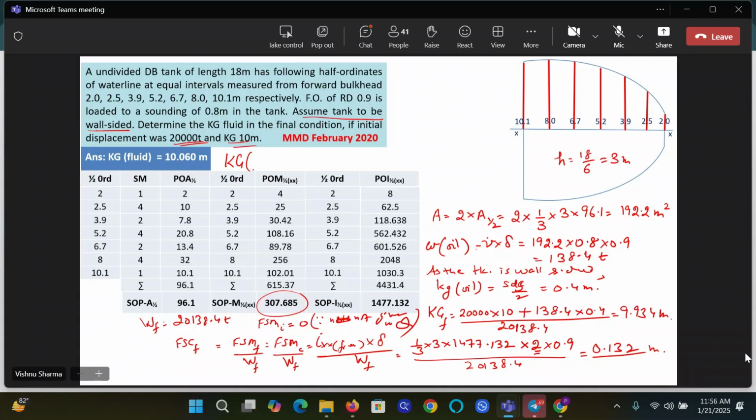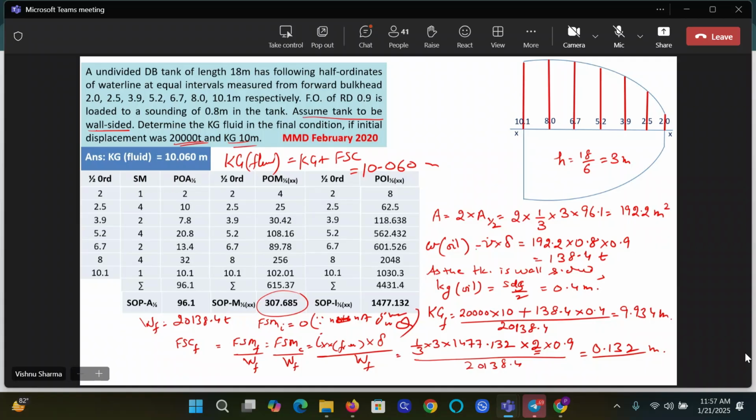And now you will try it here. Kg fluid, final condition, will be equal to kg plus FSC. Add them and you will get this answer of 10.060 meters. Yes, sir. Correct. Okay.